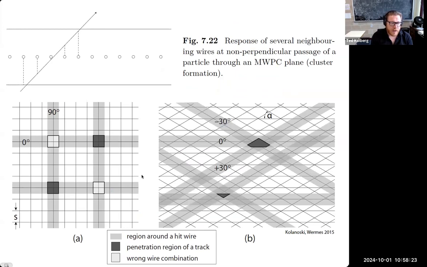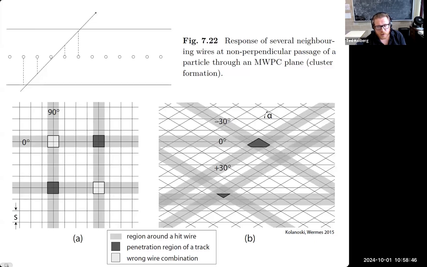I can do even better by combining planes which are rotated with respect to one another. In this picture, I have 2 examples, one where I have 2 layers where the planes are rotated by 90 degrees. Then if I read out my signal in time, I will have one set of wires which is firing here, and another set of wires which is firing here.